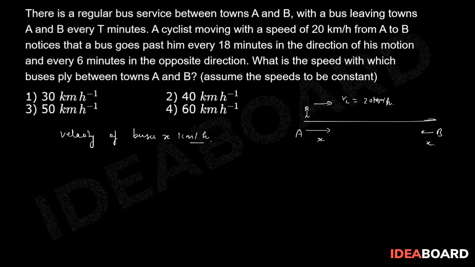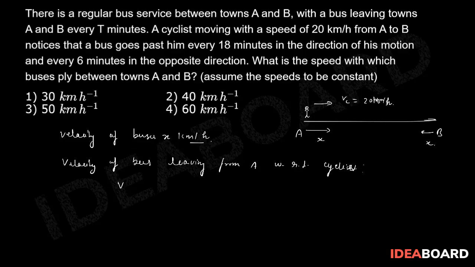So let us find the velocity of the bus leaving from A with respect to the cyclist.